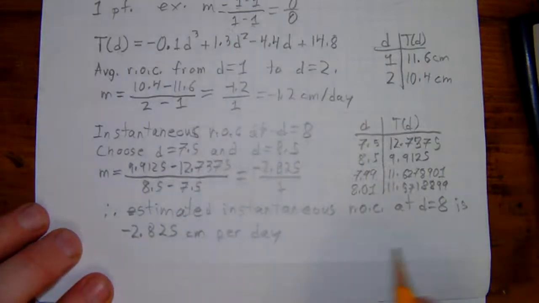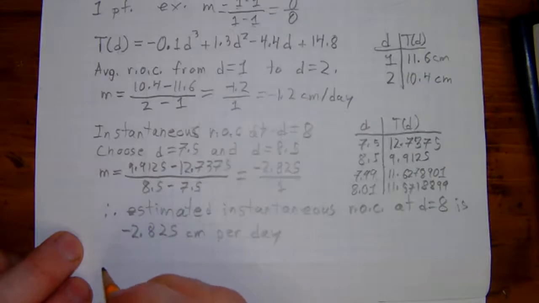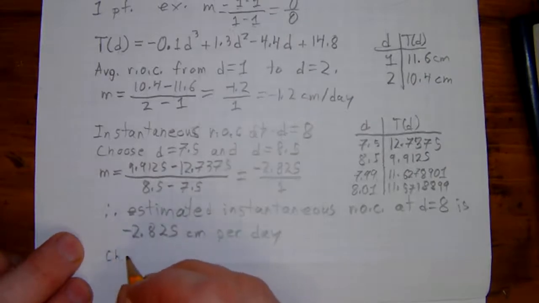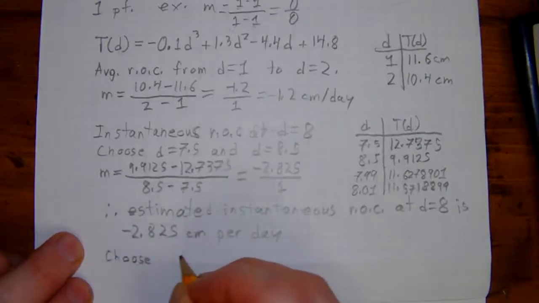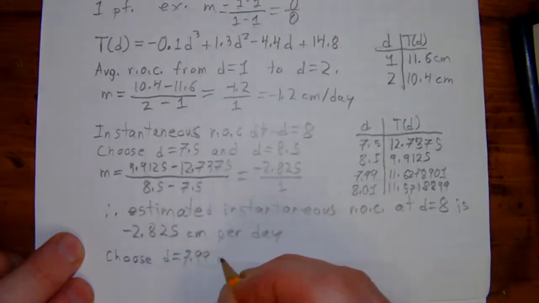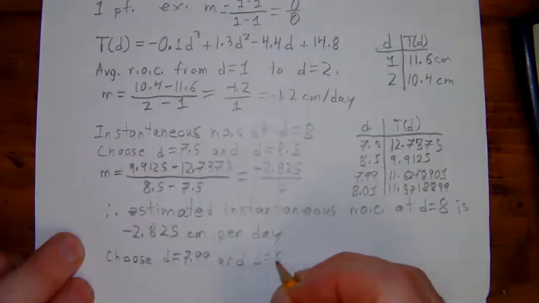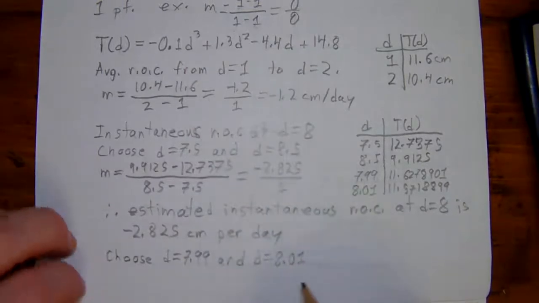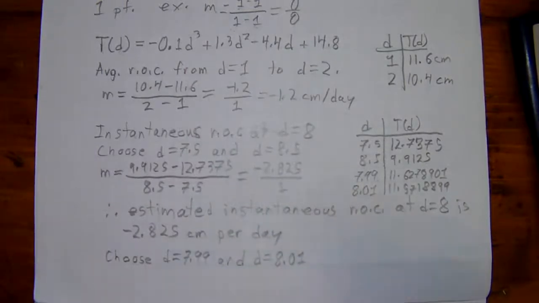Okay, so now we could choose those 2 points, d equals 7.99 and 8.01. They're closer to 8, so they should give us a better estimate for the instantaneous rate of change.